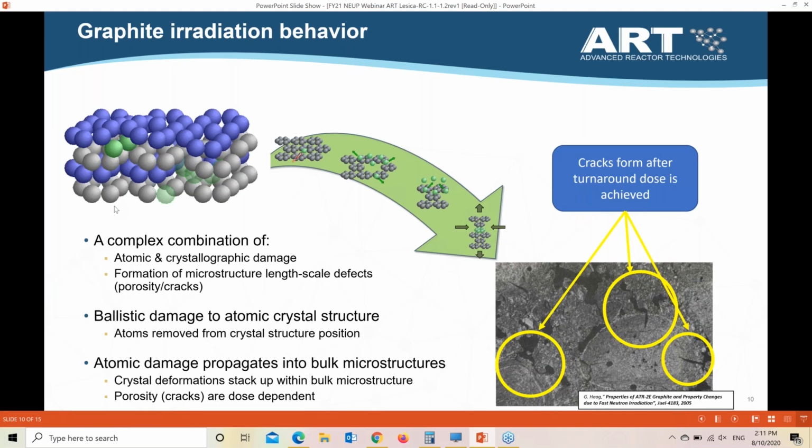At first, atoms are removed from the crystal structure position, and there's recombination, and as you see in the illustration, new planes are added, which causes all sorts of different changes to the microstructure.